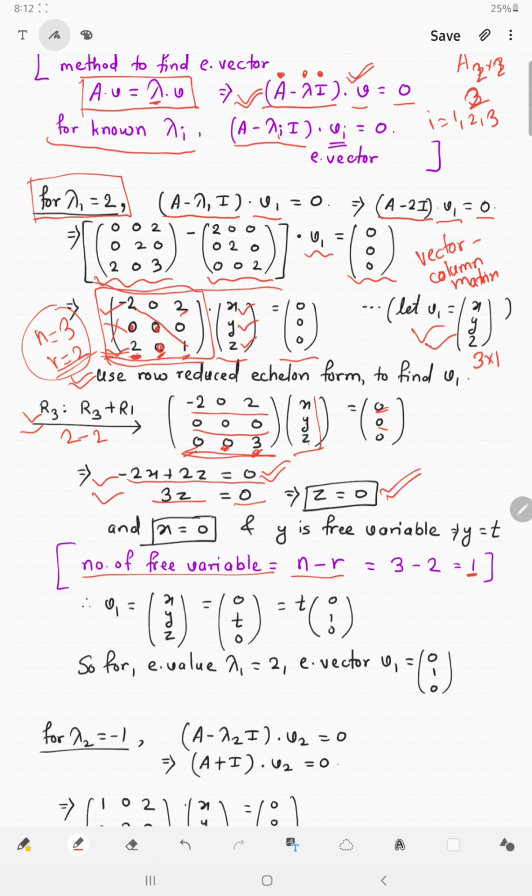Now look at this equation. In this one equation, two variables are unknown. Yes, one equation and two unknown variables. So to find the values, I will take one variable.